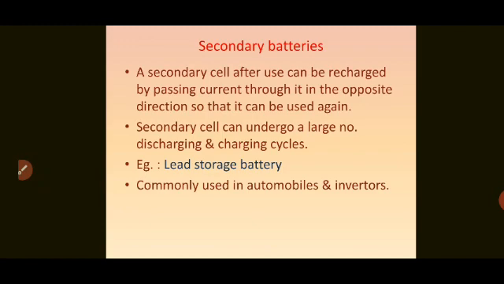What does this chargeable cell mean? It means it can be reused. How can it be reused? By passing current through it in the opposite direction. So such cells or batteries are called what? Secondary batteries. It means they can undergo a large number of charging and discharging cycles.